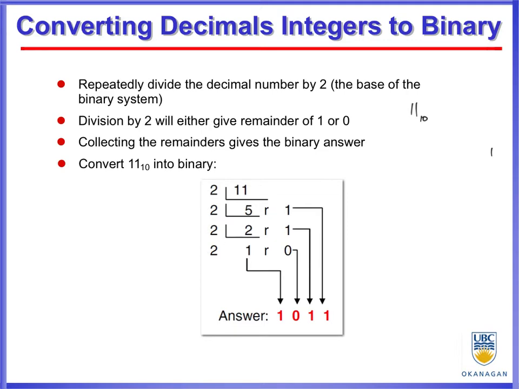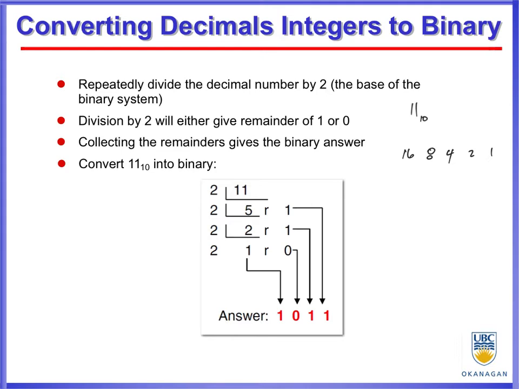I just do the old school brute force. I write down my placeholder values until I've got one bigger than the number I'm trying to convert. Then I ask, what is the largest placeholder value, 1, 2, 4, 8, 16, that fits into the number I'm trying to convert, which is 11?